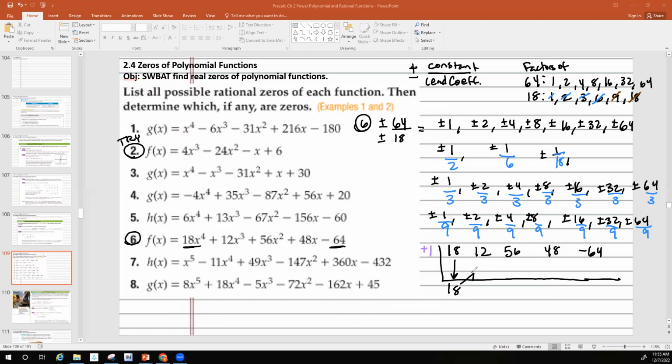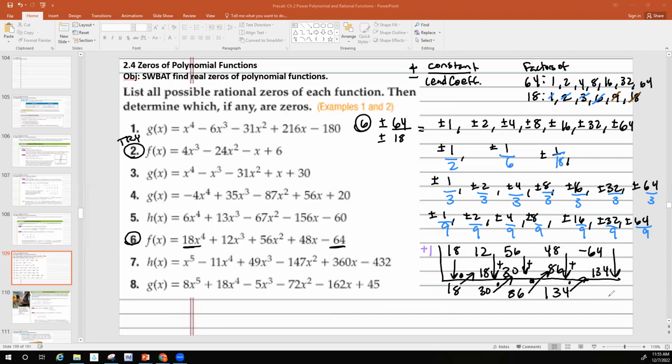18, multiply. 18 times 1 is 18. Add. I'm going to get 30. Multiply, we get 30 times 1 is 30. Add, we get 86. Multiply, 86 times 1 is 86. Add, we get 134. Multiply, we get 134.